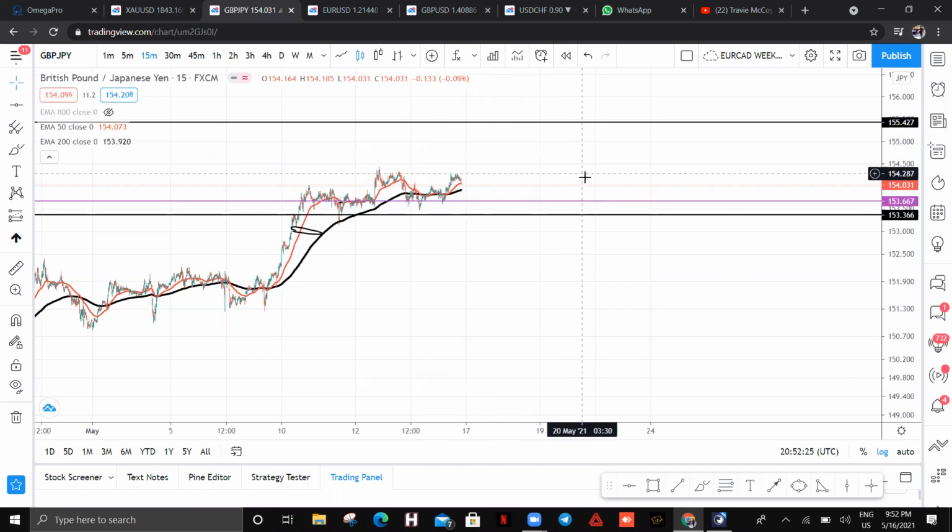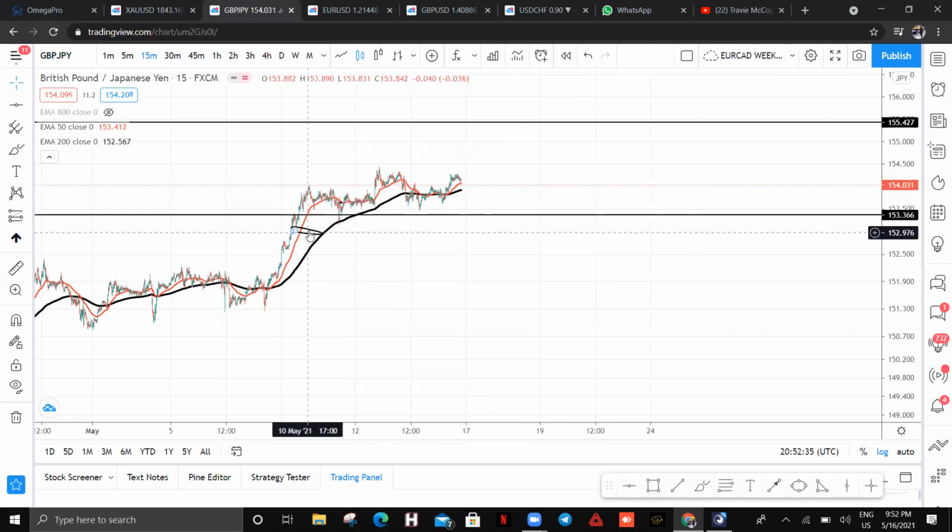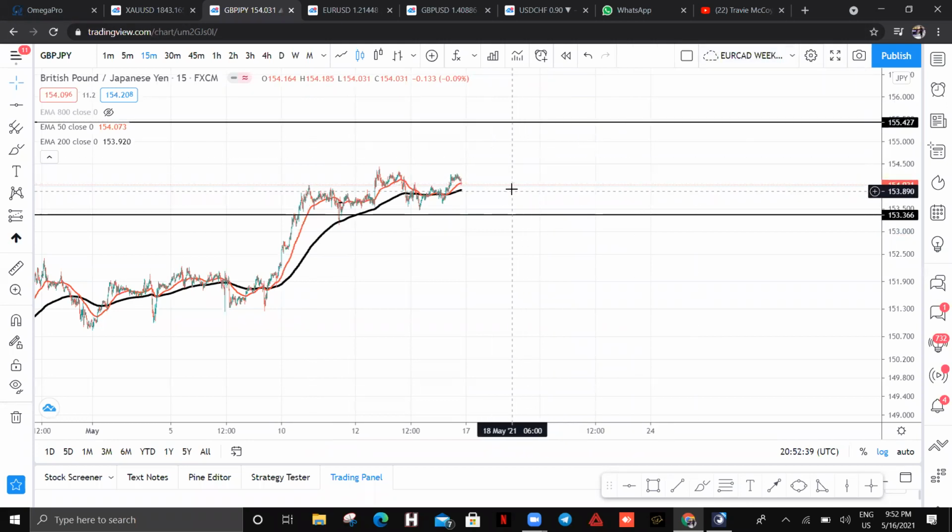So if you're entering this market, you should exit exactly at 155,400. That should be where you should exit the market. Because from our indication here, if price opens, there might be a gap and price will drop to this 200 EMA.